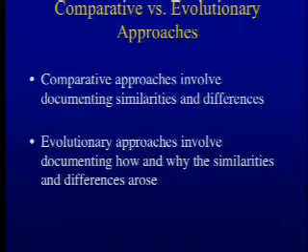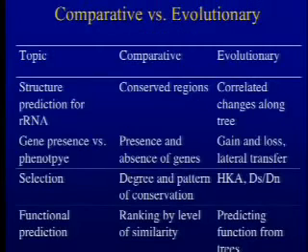And he wanted to distinguish comparative approaches, which identify similarities and differences among organisms or among genes or within populations, from trying to figure out how and even why those similarities and differences came into being. So it's a fundamentally different perspective, comparative, determining the differences and similarities, to trying to figure out how and why those similarities and differences came into being.